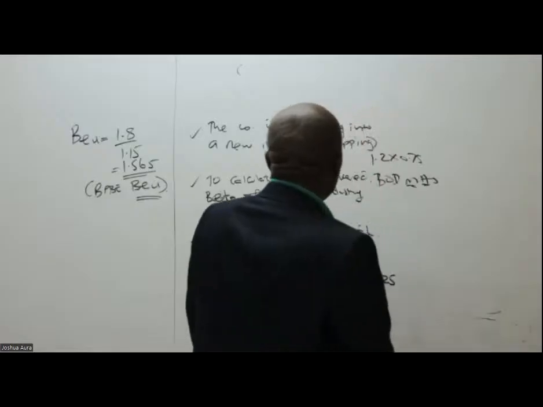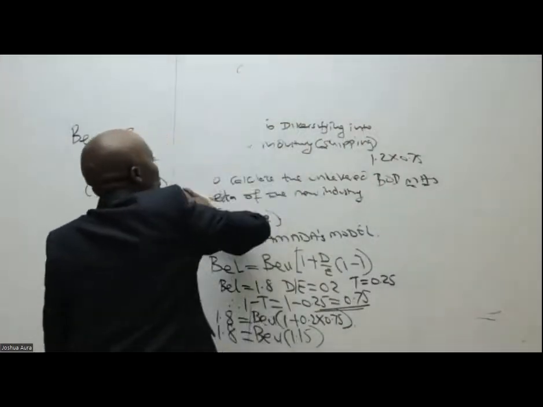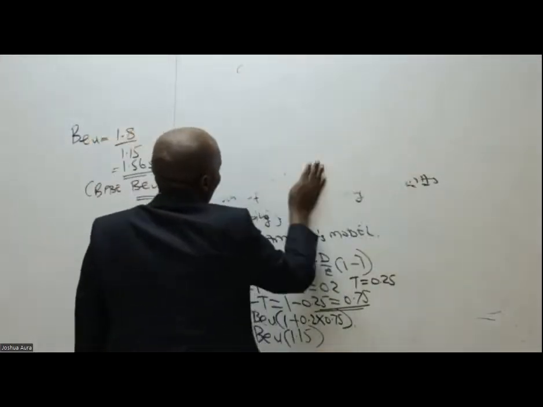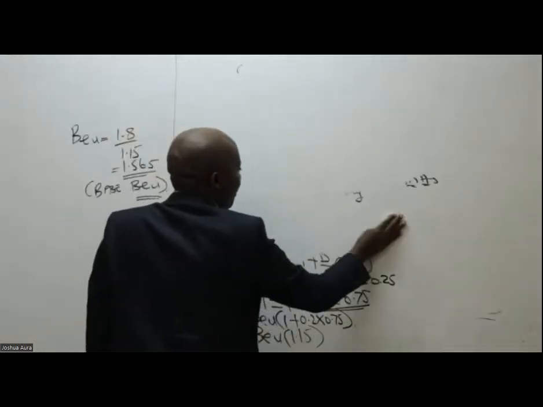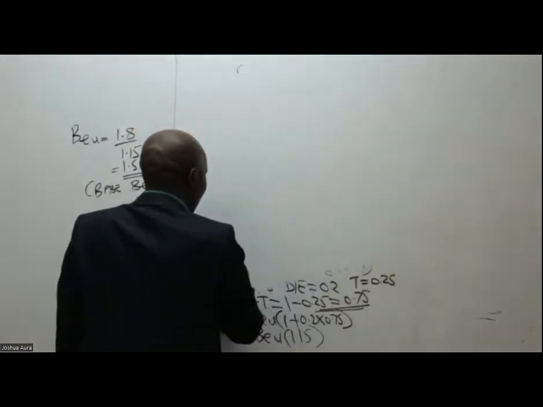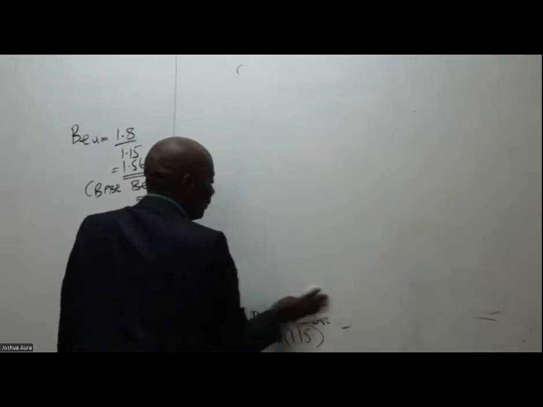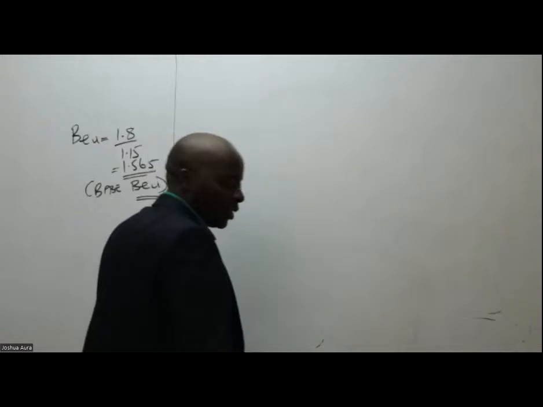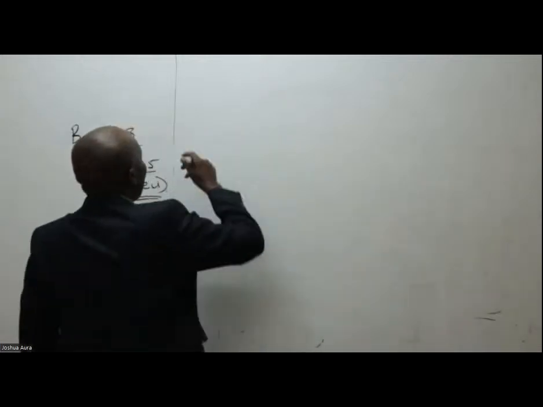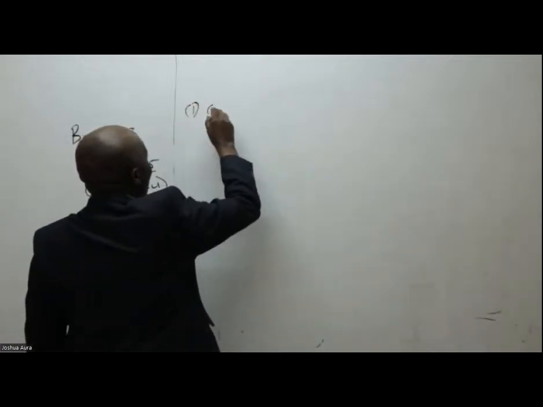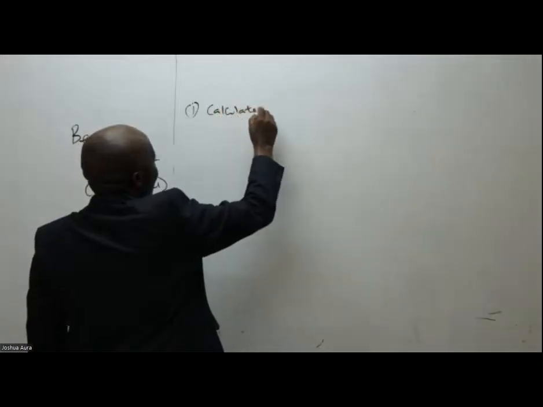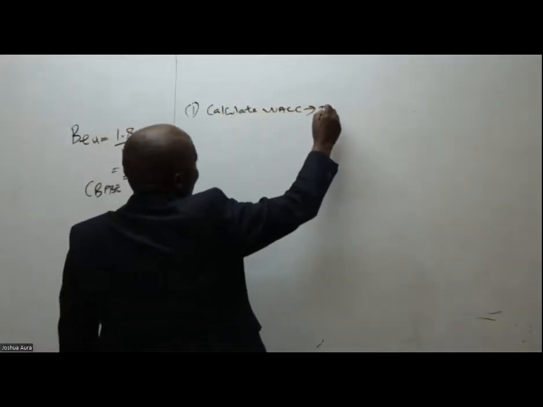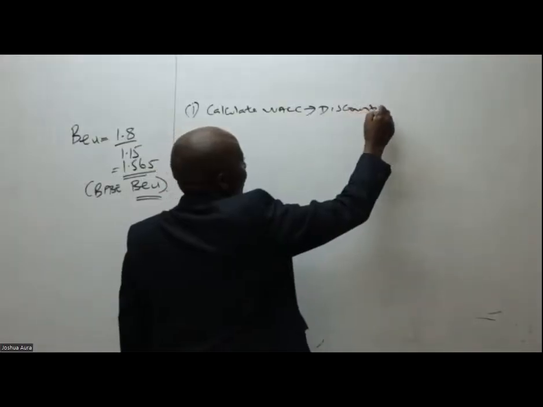They would always want me to work with WACC as the rate of discounting. So in this case here, go ahead, Roman 1, and calculate WACC. So this is our discounting rate.